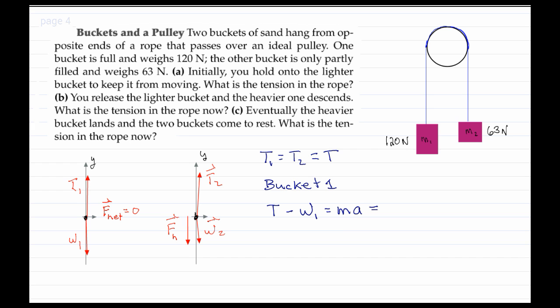Now in this case, our acceleration is 0, so we have T minus W1 is equal to 0. And we can solve for T. It's just equal to W1, which is 120 newtons. There. So that's the answer to part A.